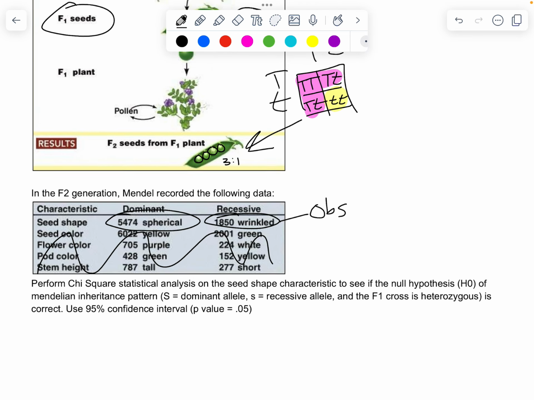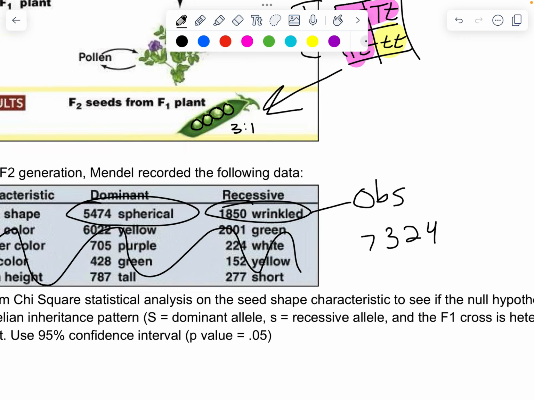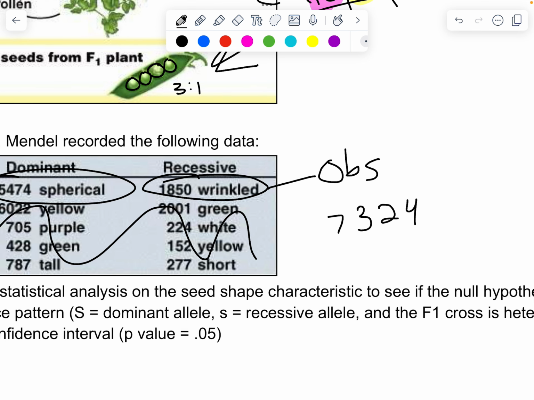So we do the same thing. Those are observed. Well, what was the total? The total was 5474 plus 1850, so 7324. I expect 3/4 of them to be spherical, so what's 3/4 of that?